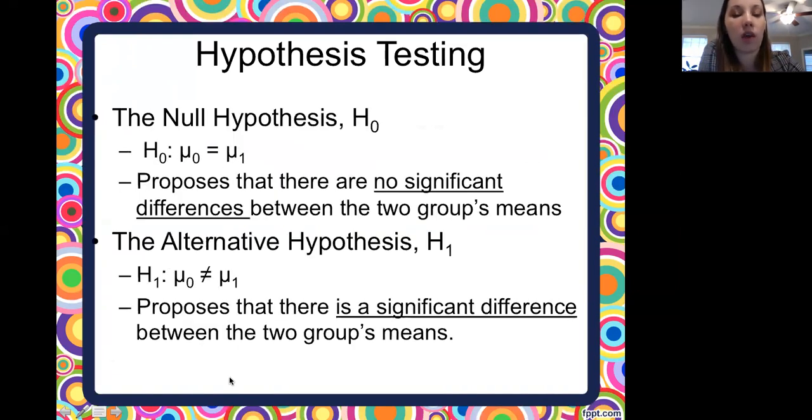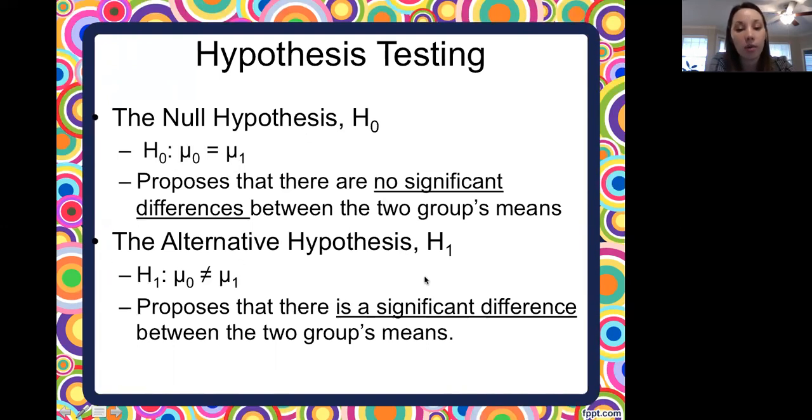So here are the actual words and symbols all put together. So the null hypothesis argues that there is no significant difference between our sample mean and our population mean. And it's written like this in our symbols. So the null hypothesis is abbreviated with an H subscript 0. And it argues that there is no significant difference between our population mean, which is this one, and our sample mean, which is this one, so that they are equal, or about equal at least.